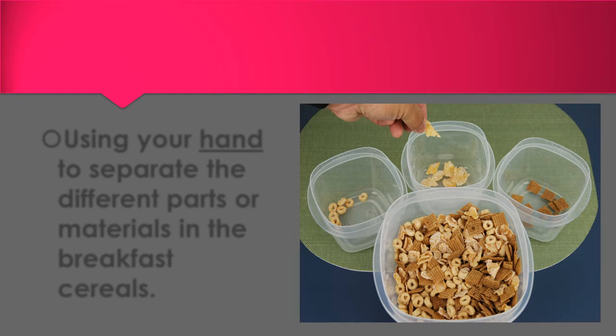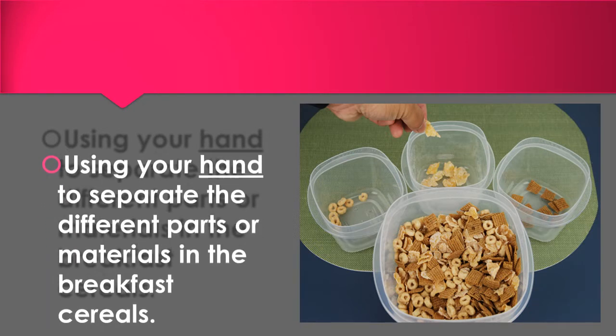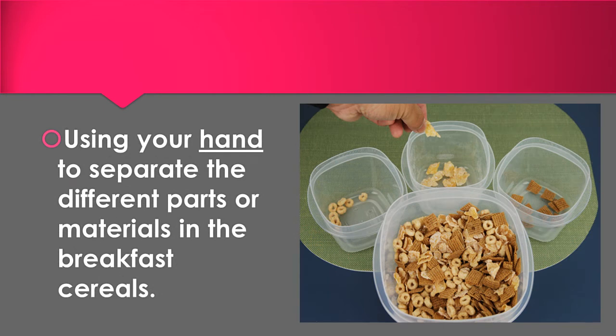Another good example is using your hand to separate the different parts or ingredients of your breakfast cereals. If you have breakfast cereals with different ingredients or materials in them, you can separate these materials by picking.